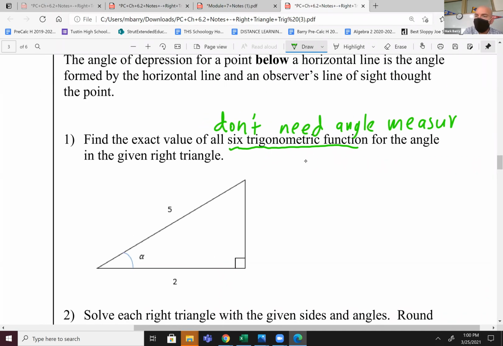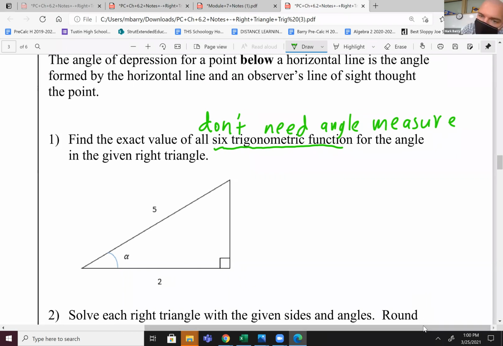So we don't need to do a cosine inverse here to find out what angle A is. We could if we wanted to, but it really would be a waste of time. Because what we're going for on this one is we just want to know what is sine of alpha.